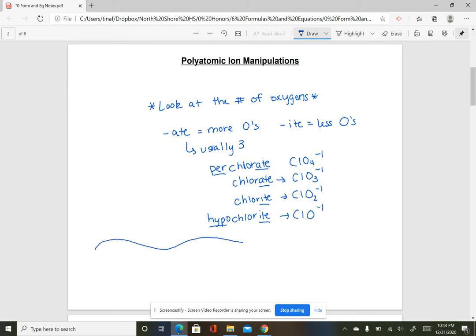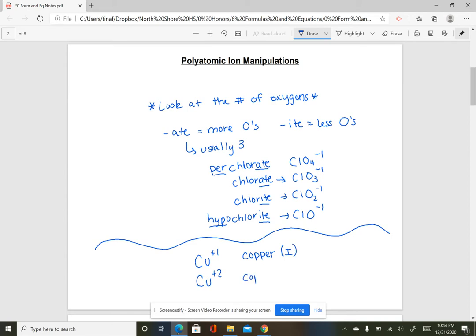Something else to help with memorization, as far as the metals go, are the transition metals that have more than one positive ion. For example, copper can have a +1 charge or a +2 charge, meaning it could lose one electron or two electrons to bond with something else and become stable. So if copper has a +1 charge, how we write it in the name is copper with a Roman numeral 1.